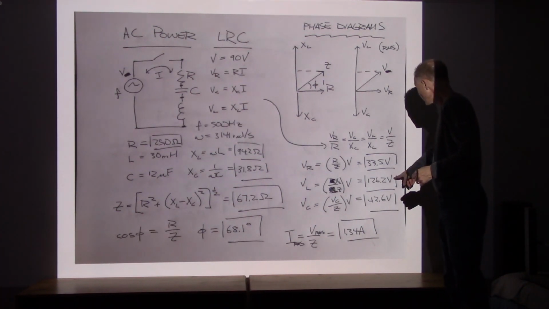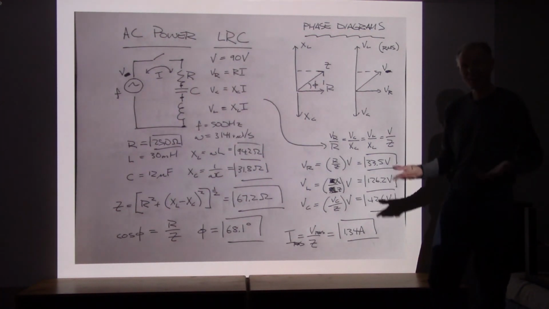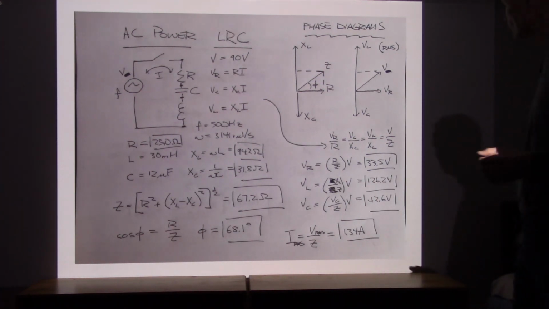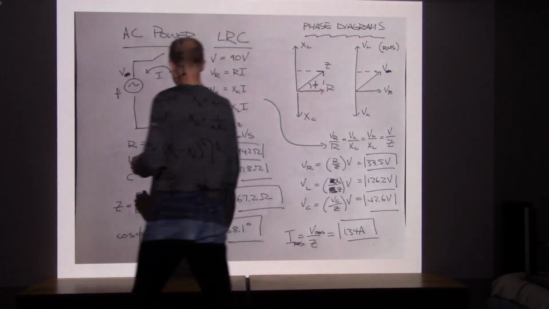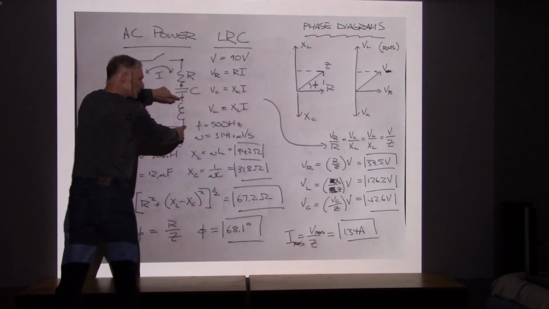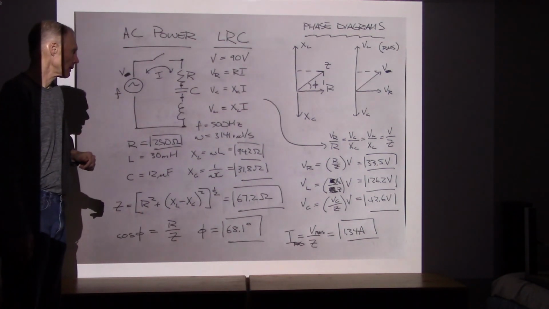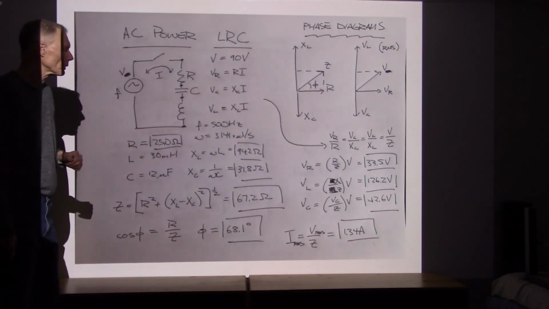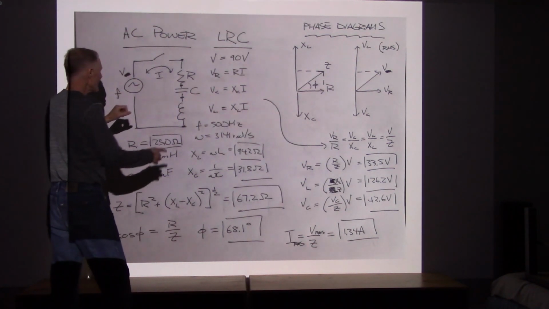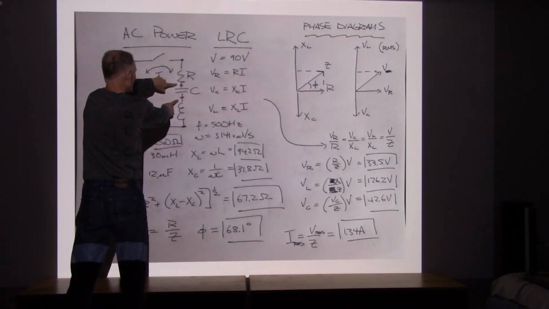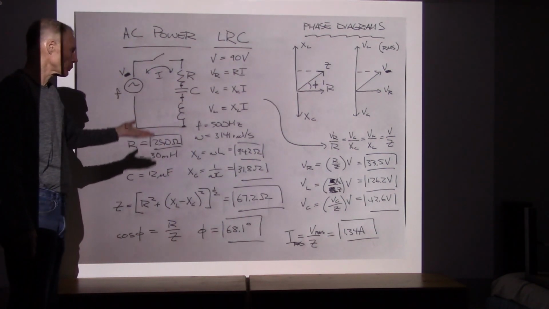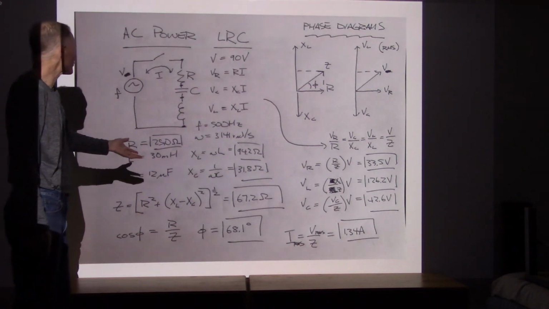Now, the inductor is actually going to have 126 volts across it. So if I get my voltmeter out and put it exclusively along the inductor, that's going to read 126 volts. If I now put the voltmeter across the capacitor, my calculations are showing that's going to read 42, 43 volts.